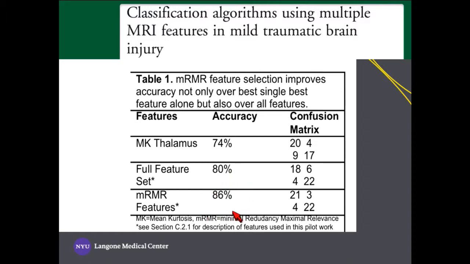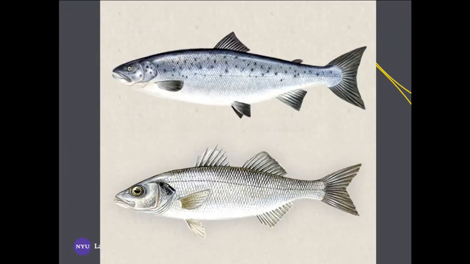And if you actually use feature selection, which features are most relevant and non-redundant, you get even better accuracy. Okay, so this is your classic machine learning type of approach with handcrafted features. We picked regions of interest, which metrics to look at, and maybe there were fewer than 100 subjects in this kind of approach.